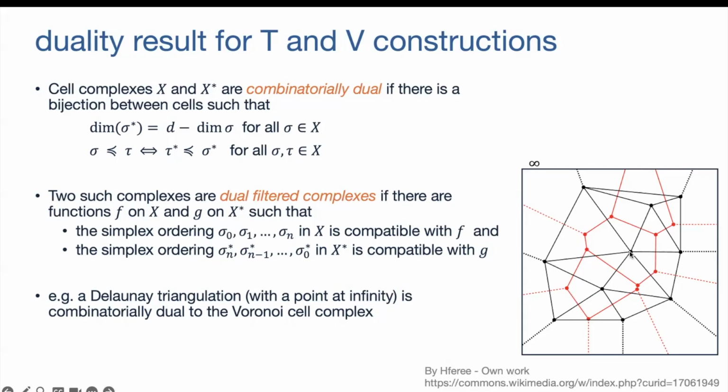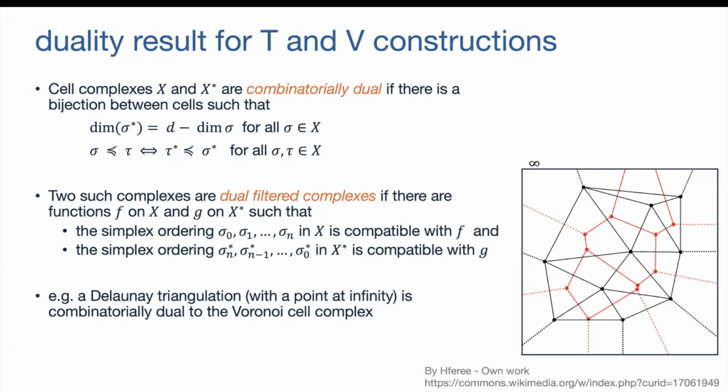Yep. So we're going to build something similar with our cubes. And we are going to filter that. When we filter these things, right, we want the filtration to be a simplex-wise filtration, right?